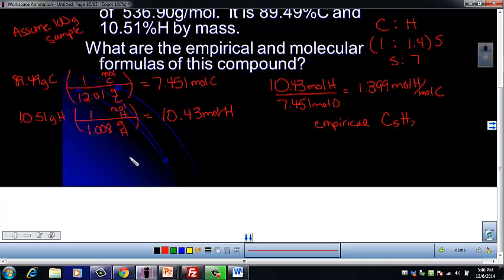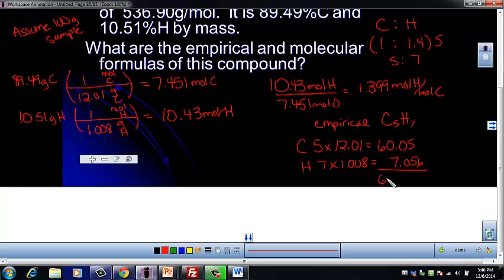Okay, so the empirical formula is C5H7, so the molar mass of that is going to be for carbon 5 times 12.01, which is 60.05. And then hydrogen, it's going to be 7 times 1.008, which is going to be 7.056.